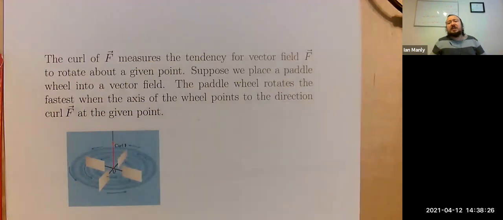So if your vector field has any kind of properties of spinning or rotation, the magnitude of the curl will measure how intense that spinning is, and then the direction of the curl will be the axis that you're going to be spinning around. So that's why it's literally called the curl, because you're measuring how much your vector field is curling around a certain point here.